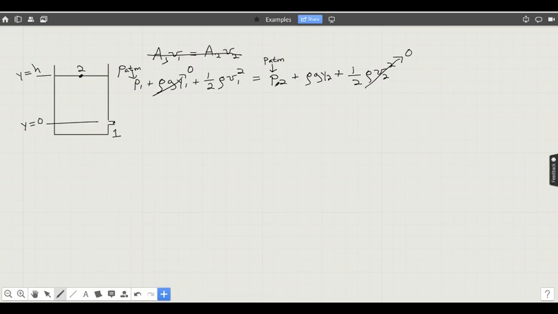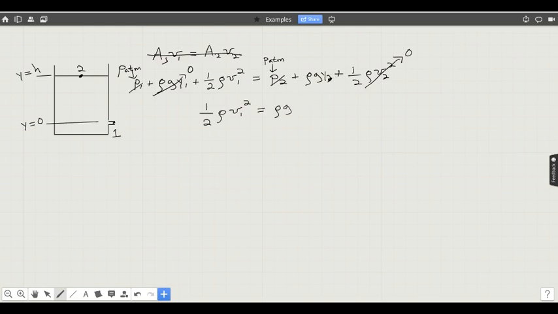Since P1 and P2 are the same, those will cancel each other out, because you have one atmosphere here, one atmosphere here. Those will cancel, and we're left with just 1/2 the density times V1 squared is equal to the density times g.